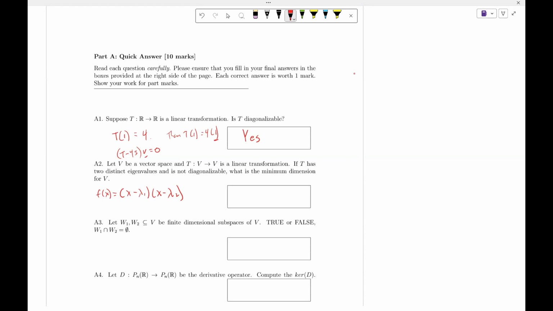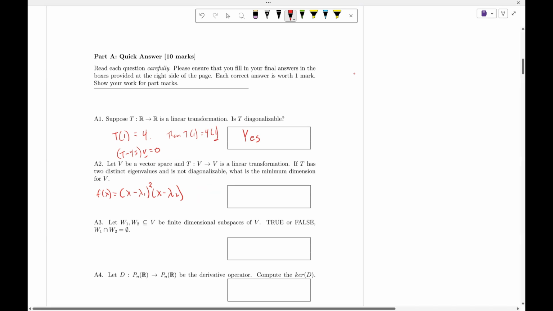But this is a product of distinct linear factors, where a polynomial can factor into distinct roots. And we showed that if the characteristic polynomial factored into distinct roots, then we would be diagonalizable. So we need to have some other expression we're multiplying here that isn't reducible into linear factors.